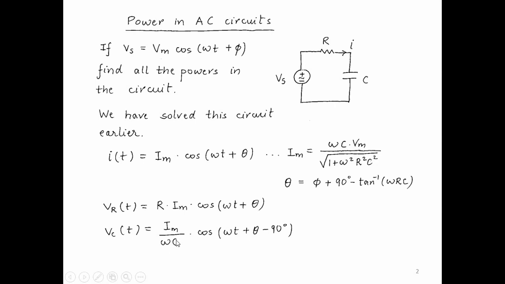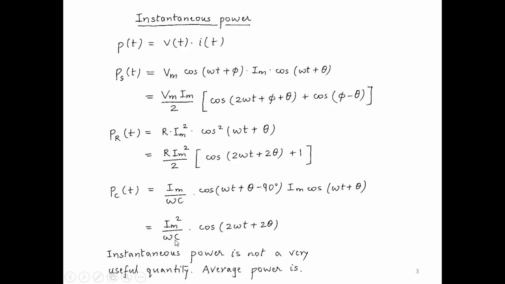So now let's discuss power. We begin with the instantaneous power, which is the concept we are familiar with. The power for any element in any circuit is the voltage times the current. So let us find this for the source. For the source, the voltage is Vm cos(omega t plus phi), and the current is Im cos(omega t plus theta).